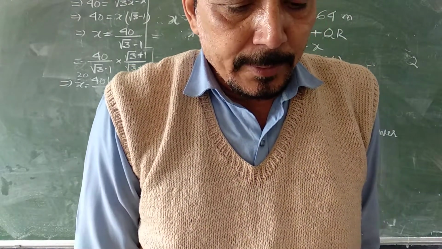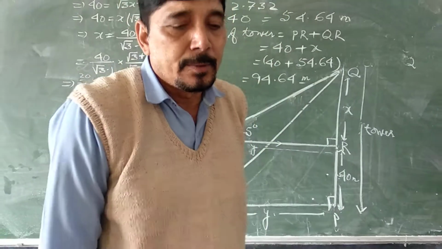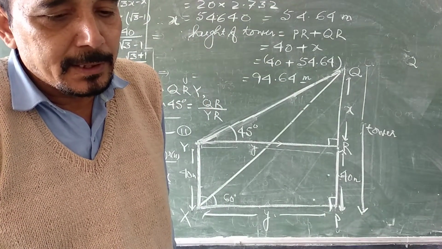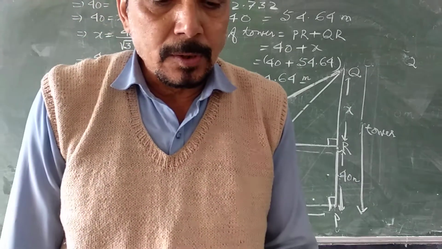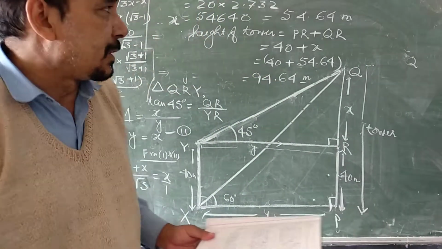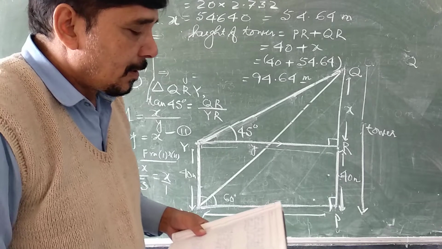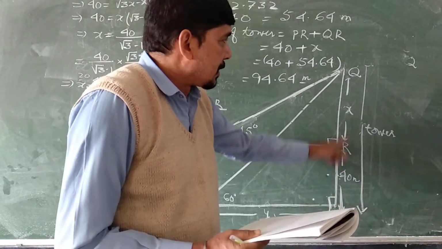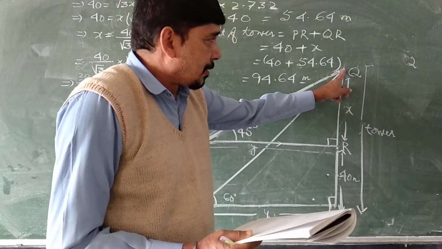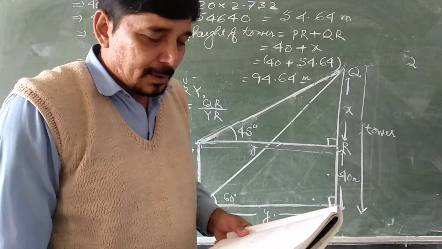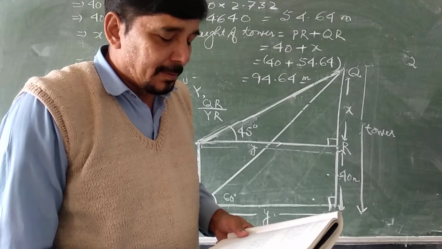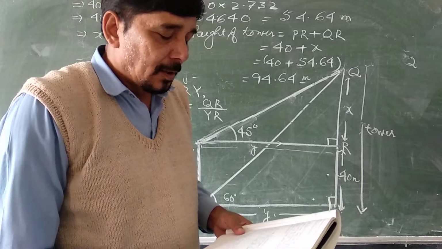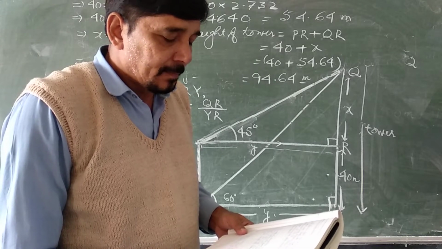We have been doing the problems of height and distance. So write down the questions. The angle of elevation of the top Q of a vertical tower PQ from a point X on the ground is 60 degrees.